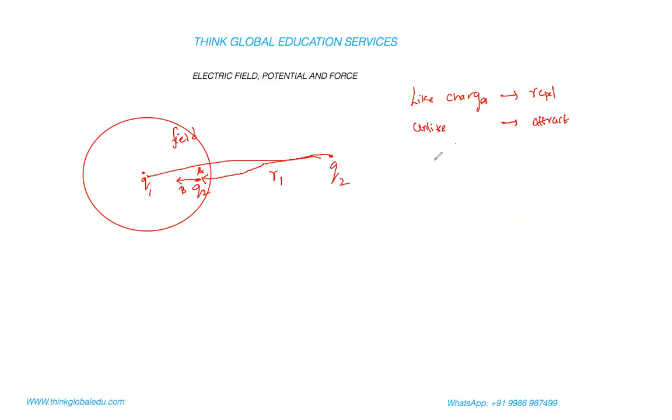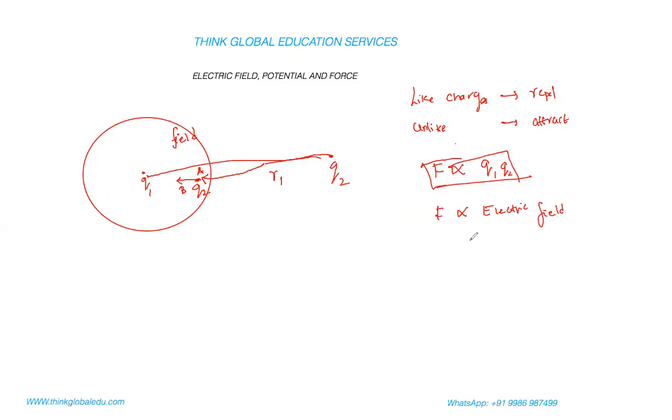The first thing we can say is that the force felt by the charge Q2 is proportional to the two charges, Q1 and Q2. Another aspect is that the force must be proportional to E, the electric field, and here E represents the electric field.